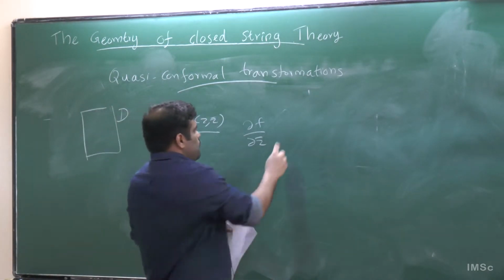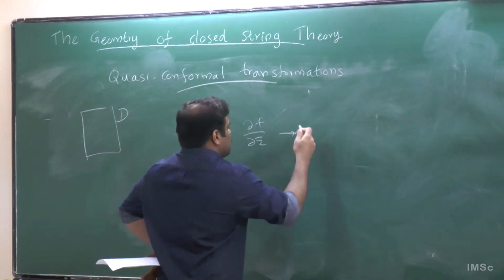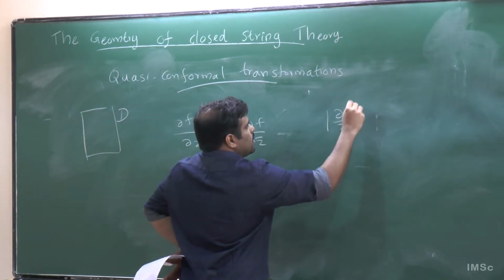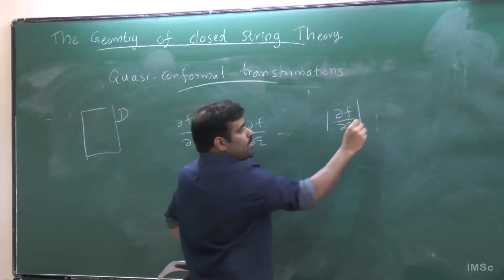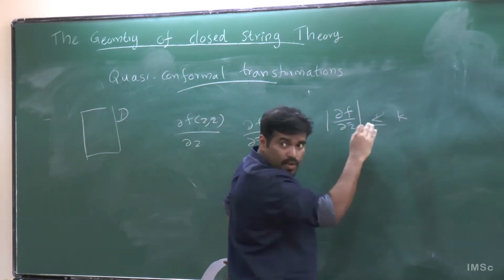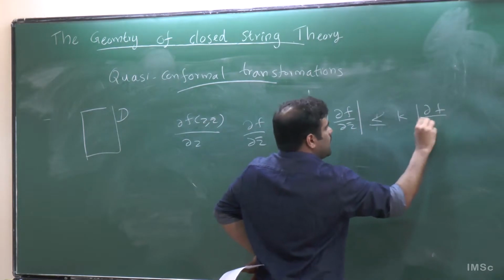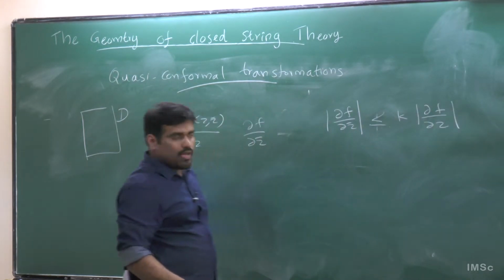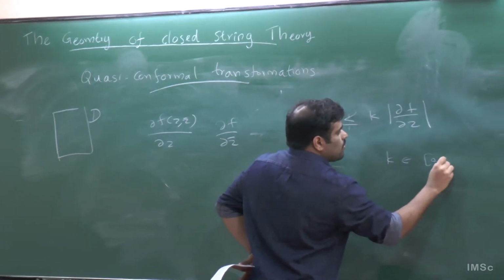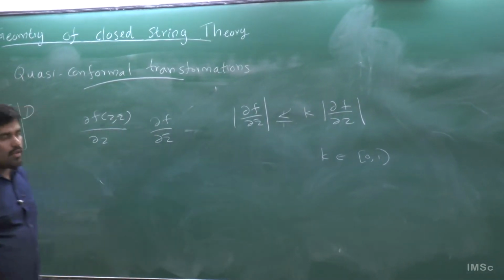Then we assume that if you take del f by del z bar and take the modulus, it should be less than or equal to some number k times del f by del z, and k should be a real number that belongs to the interval 0 to 1.